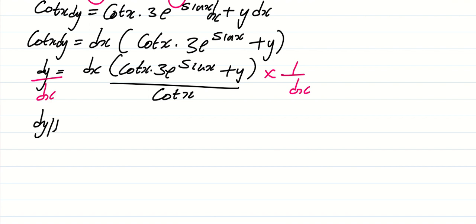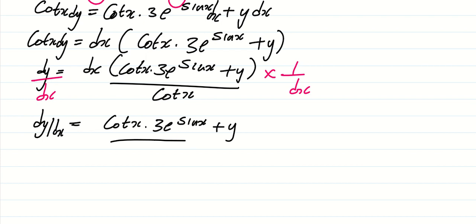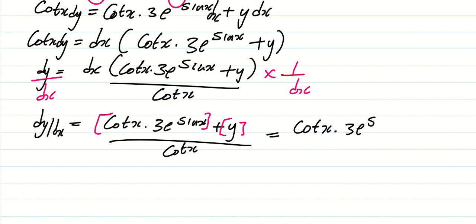Then I'll be left with dy over dx, which is equals to cot x times 3e sine x plus y, all divided by cot x. Then I'm gonna divide them separately. Remember that this is one equation, then this is also a separate equation. Then I'm gonna split that into two. You'll have cot x times 3e sine x divided by cot x plus y over cot x.